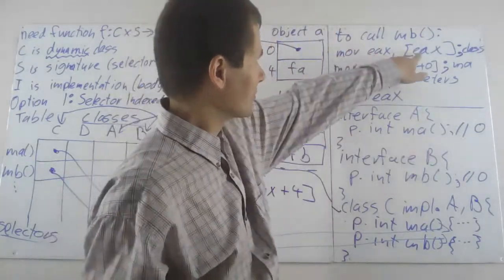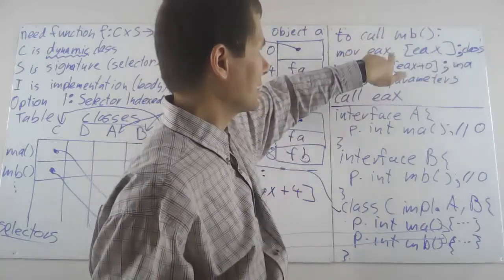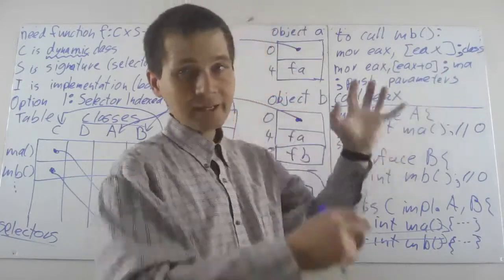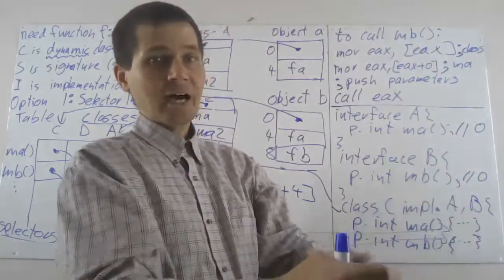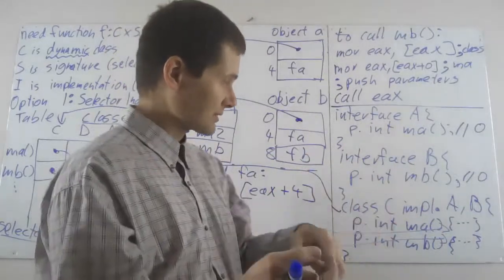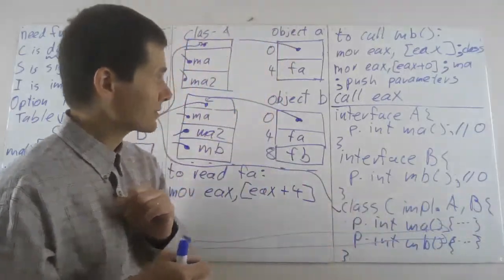I'm going to have this move instruction here to get the class information of that object, right? So EAX points to an object. I don't know that object's class. It could be class C, or it could be some other class that implements interface B.